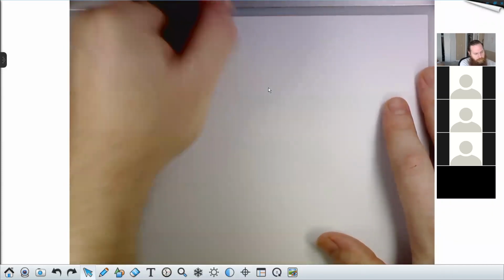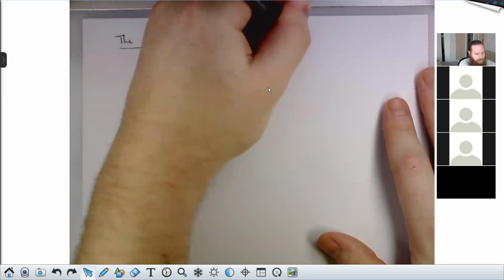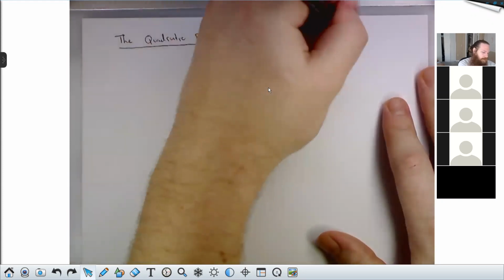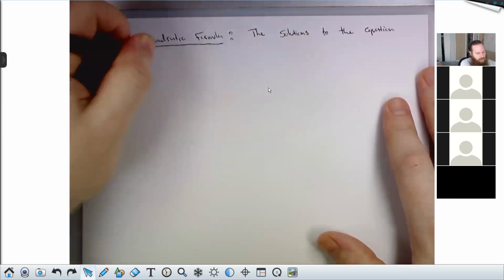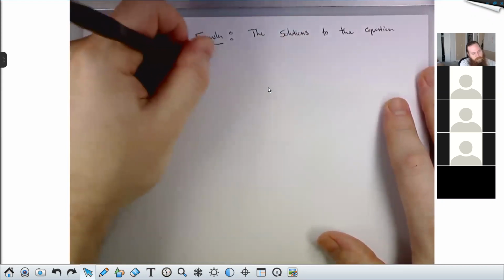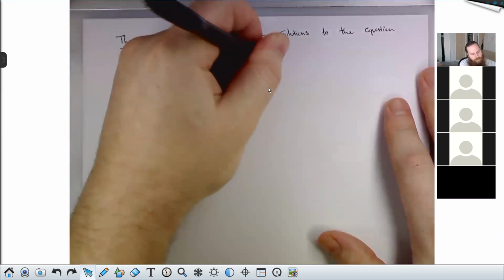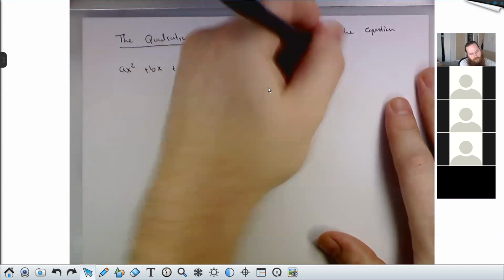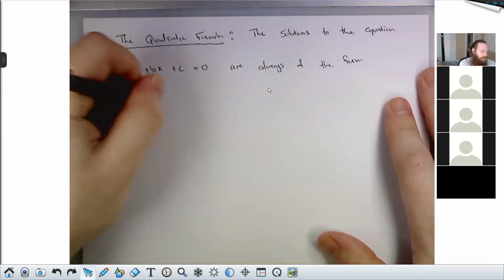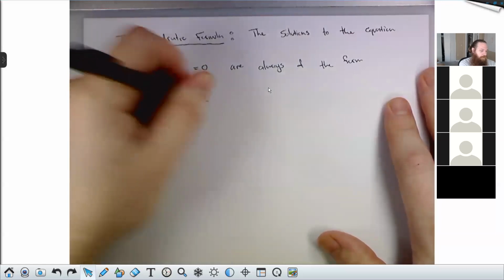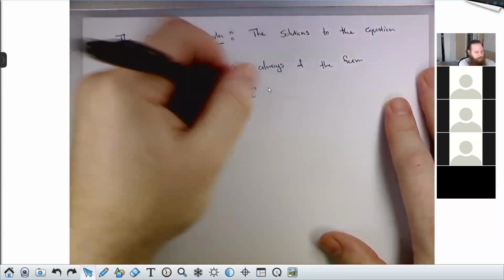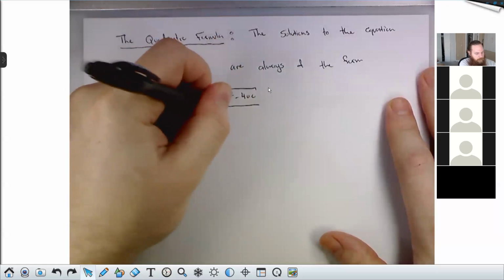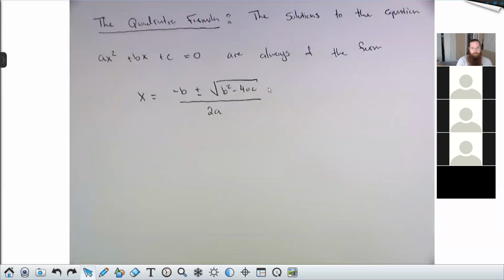This says the solutions to the equation ax squared plus bx plus c equals 0 are always of the form x equals negative b plus or minus the square root of b squared minus 4ac, all over 2a.